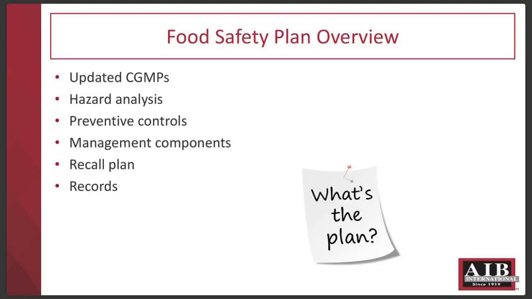If we have a preventative control, then we need to develop management components that show that we are controlling it. And this is going to be the monitoring, the corrective actions, and the verification activities. For food safety, if we have preventative controls, then we must have a documented recall plan. And then, of course, have all the records that are going to support what we do in our food safety plan. So pretty cut and dry, and I know most of you already know this information.